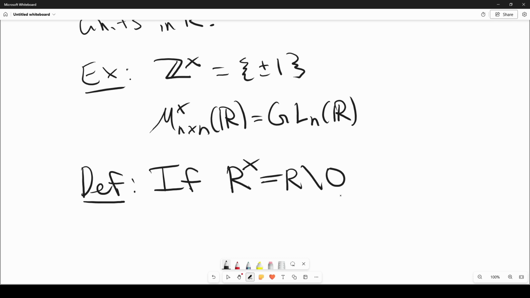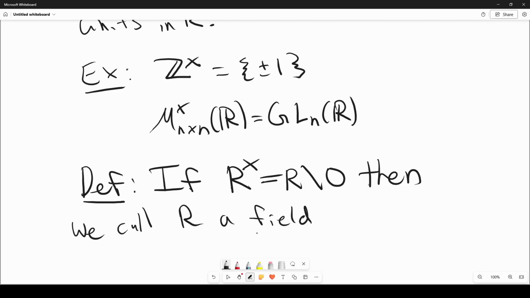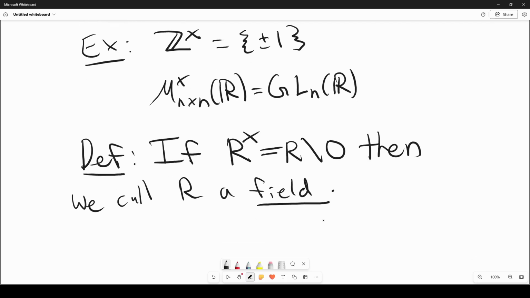So if everything non-zero is a unit, then we call R a field.